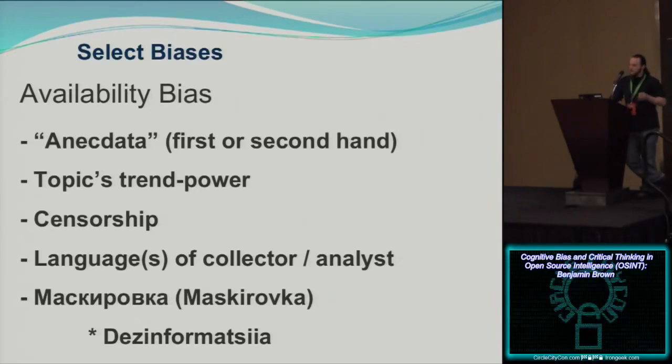There's also this concept of maskirovka, which the Soviets deployed very, very deftly in the Cold War. The way that they did their disinformation campaigns was rather ingenious in that they would flood the intelligence communications channels with lots of false data, but they would also seed true data within that false data.